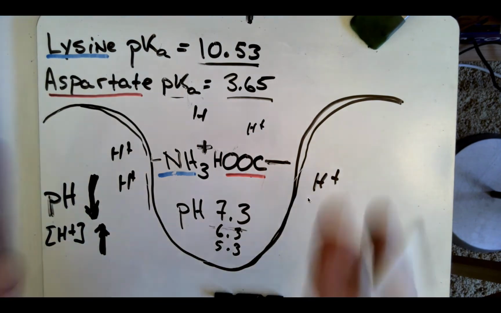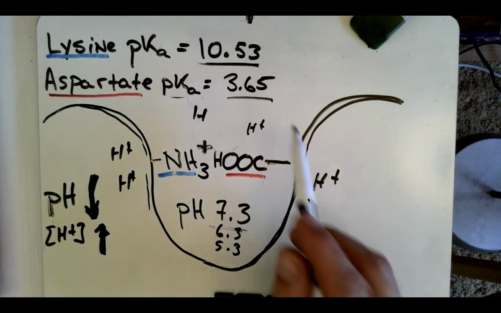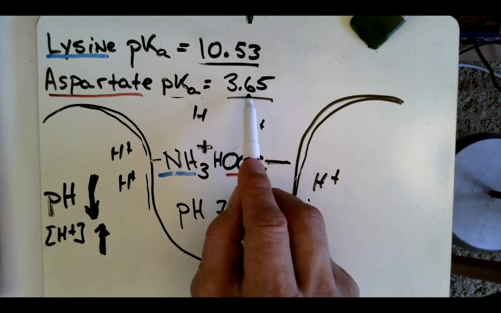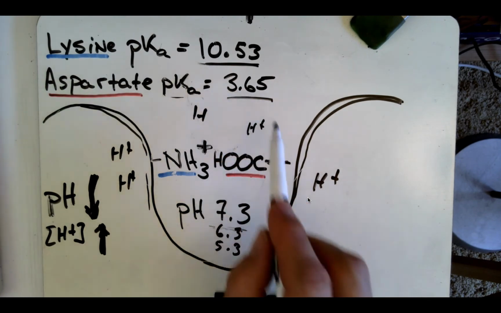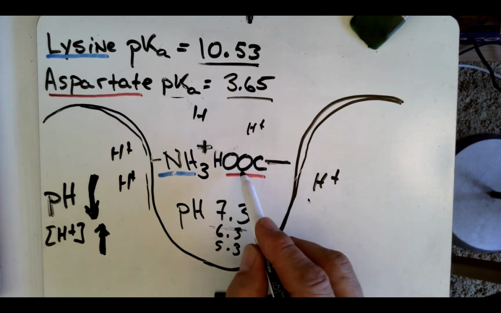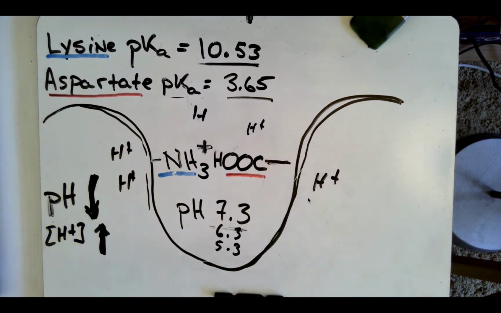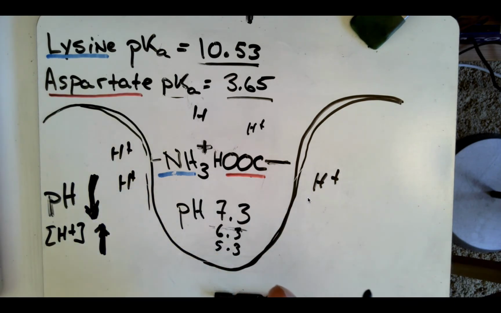And we even have a good idea of when this is really going to happen. It's going to happen when the pH that we are bringing this down to is 2 units less than the pKa of aspartate. So once we get down to 1.65, nearly 99.9% of these carboxyl groups are going to be protonated because we have such a low pH, such a high concentration of hydrogen ions that even carboxyl groups that don't usually hold on to their protons very well are going to be protonated.